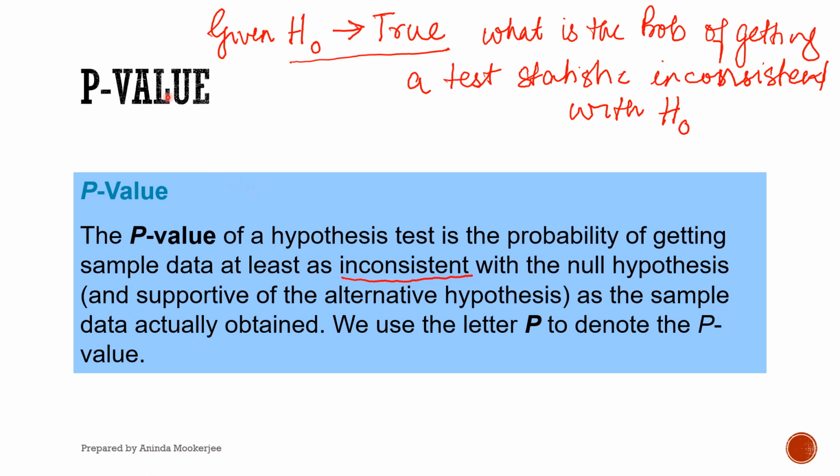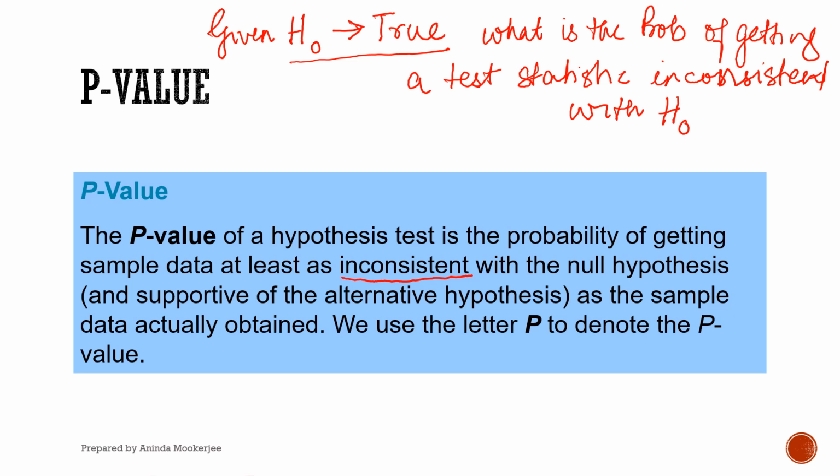So in the p-value approach, we start with the test statistic. You don't have to break up your curve into rejection region and do not reject region or find critical values.